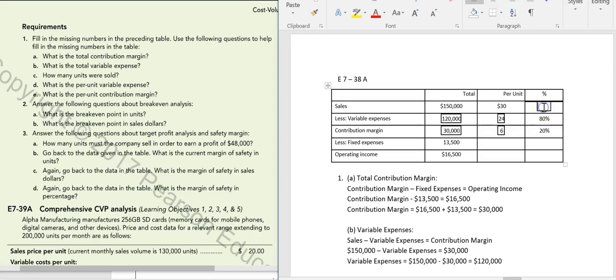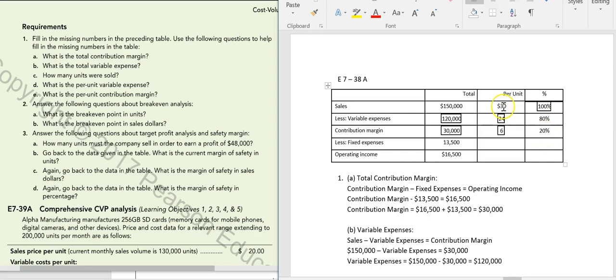Well, sales is actually the 100%, and then we express our contribution margin and variable expenses in terms of sales. If you take our variable expense over sales, we'll find that 80% is our variable expense, and the difference, contribution margin, is 20%.